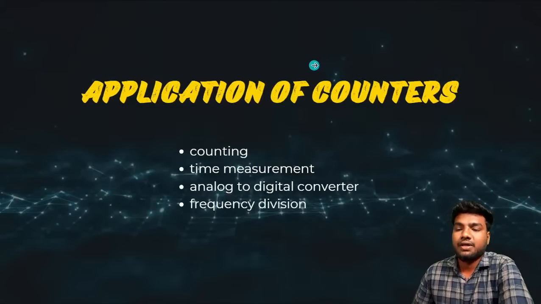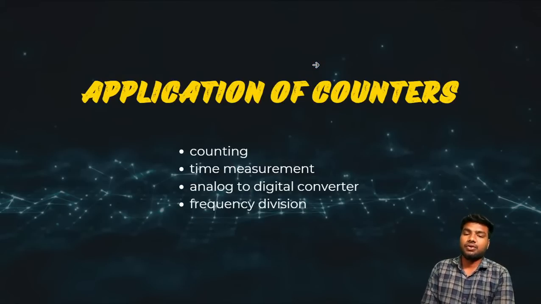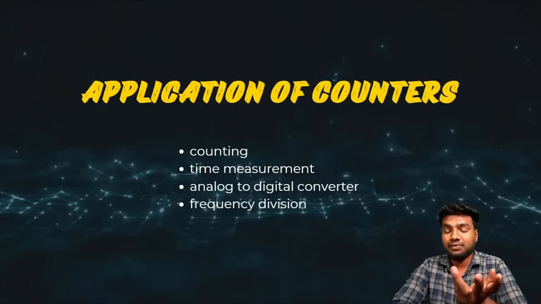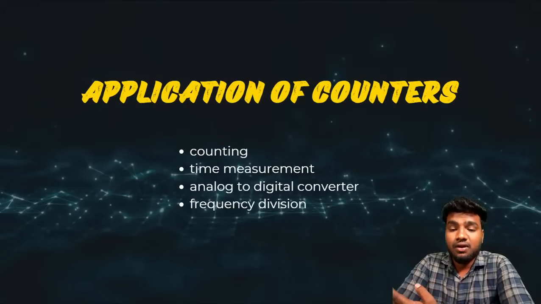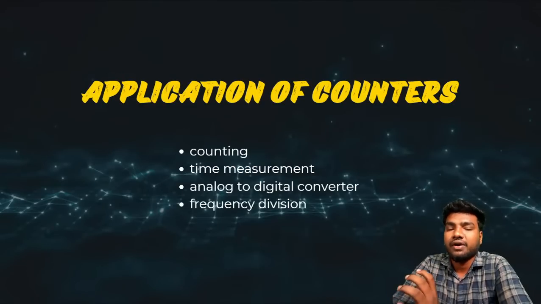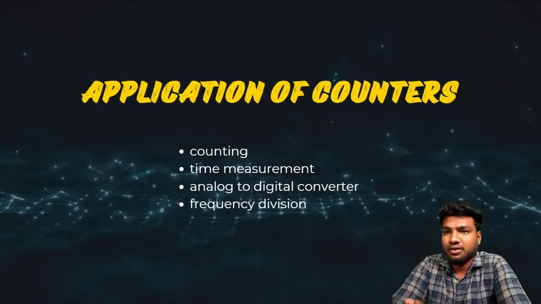Let's see the applications of the counter. A counter is used for counting and is also useful for time measurements. For example, take traffic light signals: it takes some time, like 15 seconds or 5 seconds, to change from orange to green, red to orange, or green to red.